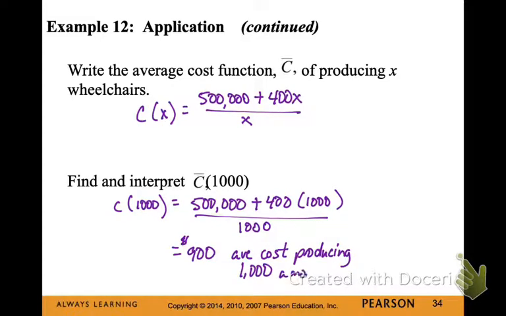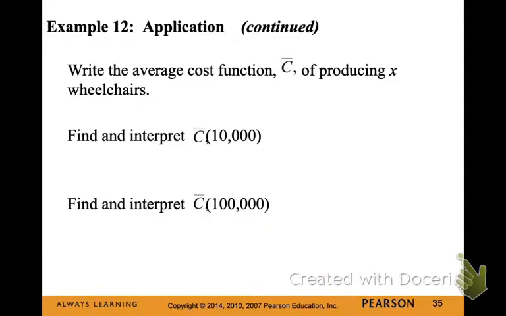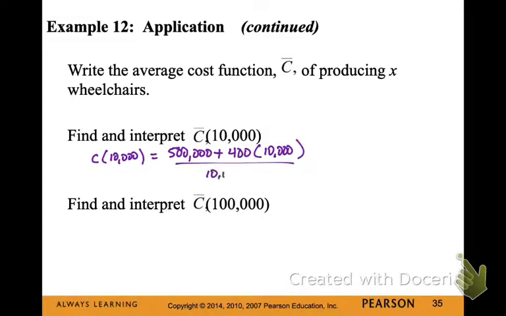Let's take this a little further. So what will happen if we can produce 10,000 chairs in a month? So we still just have that fixed cost of $500,000. So if we're able to produce 10 times the amount of chairs, then you can imagine that the cost per chair will go down. So see, now if we can produce 10,000 in a month, the cost per chair is $450.